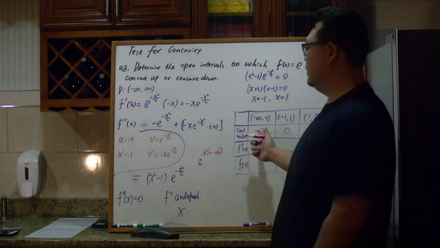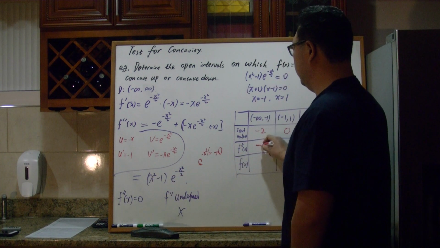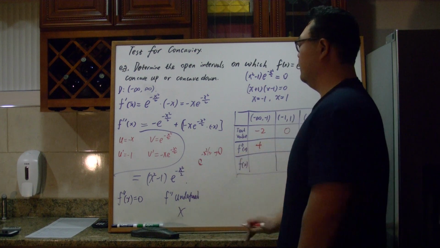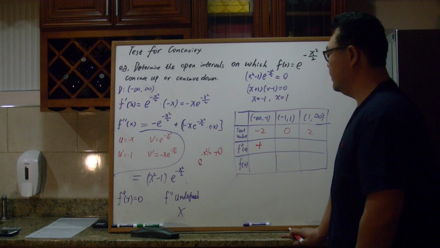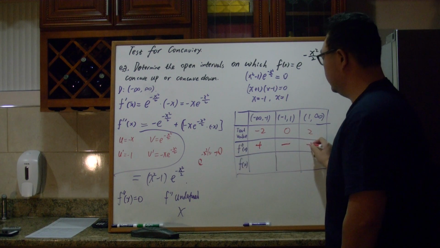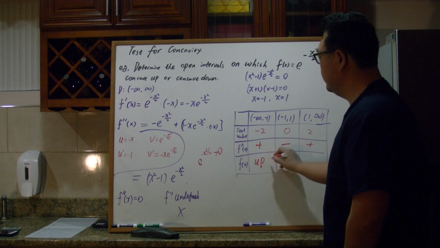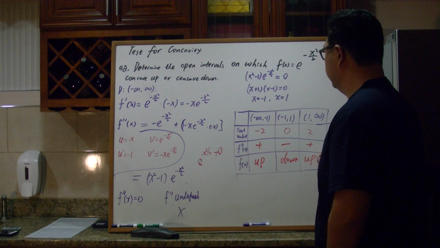We just substitute here. Negative 2 squared minus 1 is a positive 3, and the exponential is always positive. For 0 it will be negative, and for 2 it is positive. What we get is concave up, concave down, and concave up.